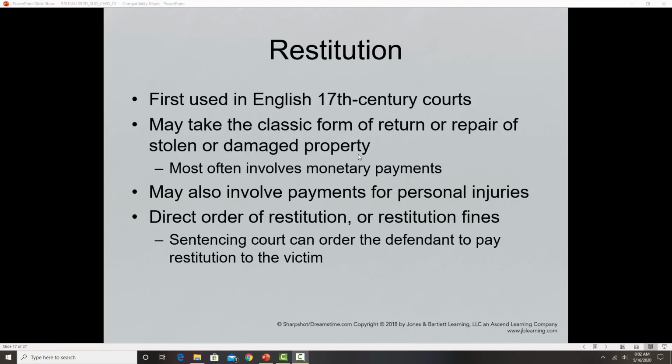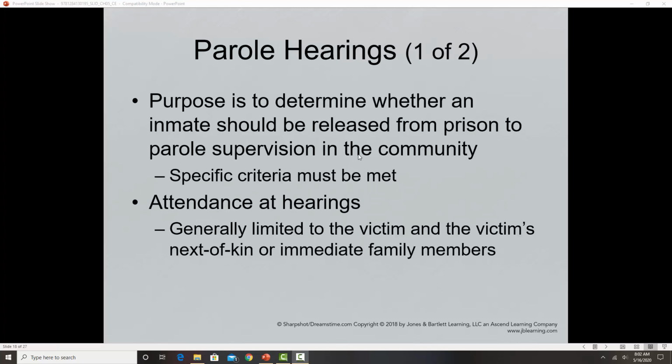Sentencing court can order the defendant to pay restitution to the victims. In most cases, when somebody is sentenced to prison, there's really not a lot of funds available unless the person has some personal property that could be sold to give the victim restitution. But if somebody's sentenced to life in prison, there probably isn't much chance of getting much in the way of restitution.